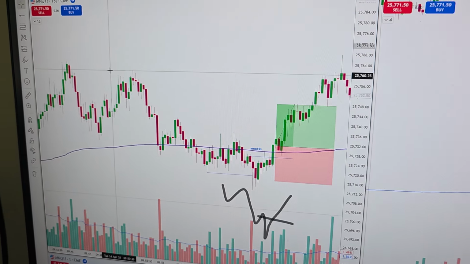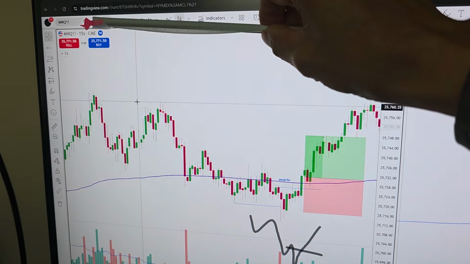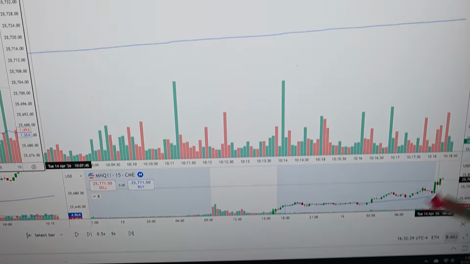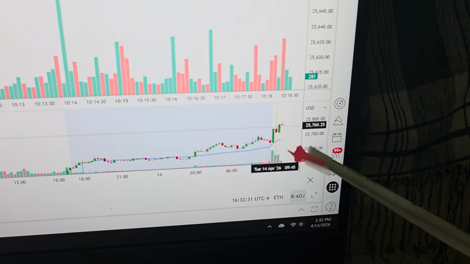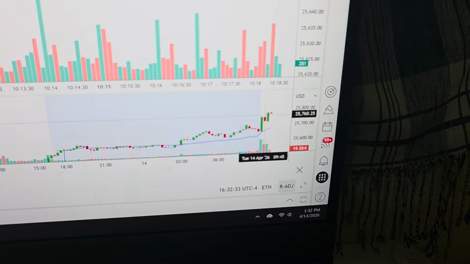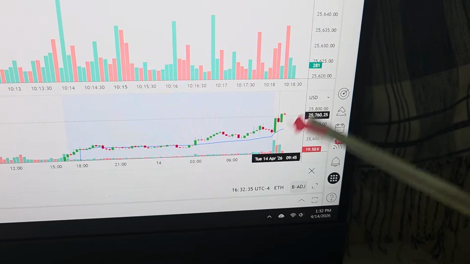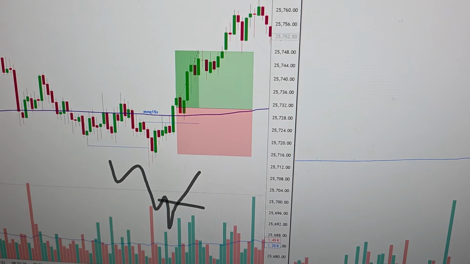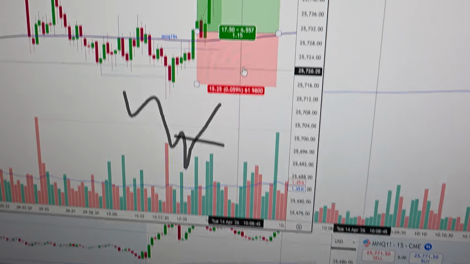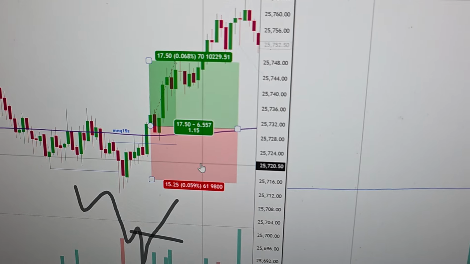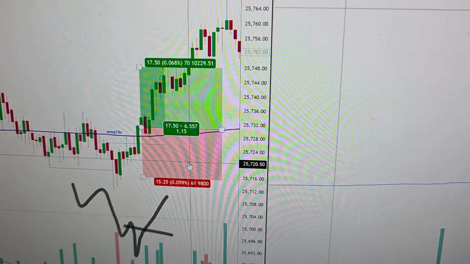Oh, and the other thing I want to say is that they're all fractal, right? So this is 15 second because we have a 15-minute chat candle here. And so they all proportion out. And this was a 17-point move on the NASDAQ.